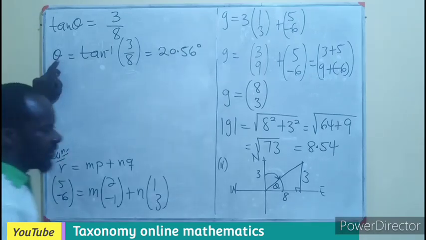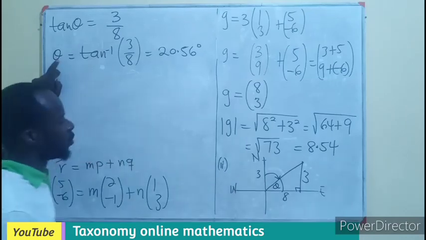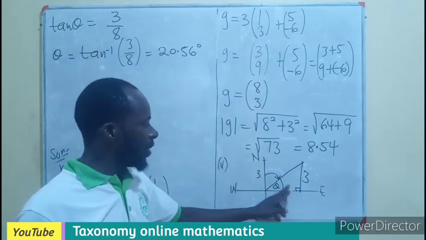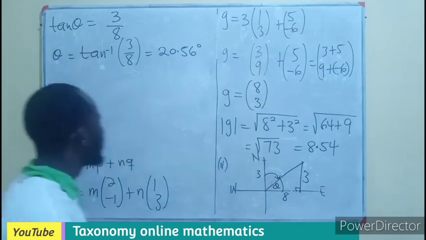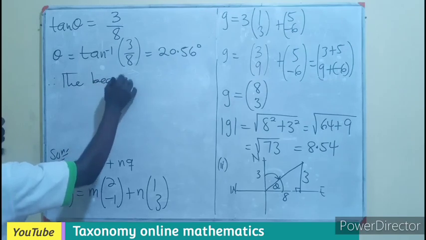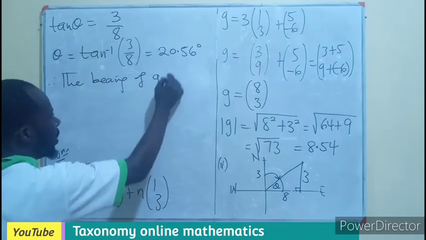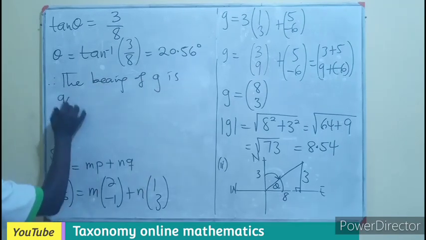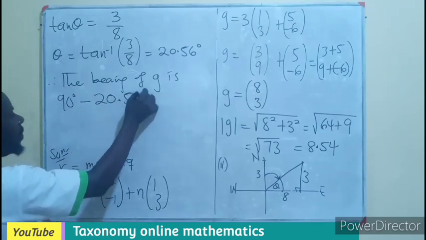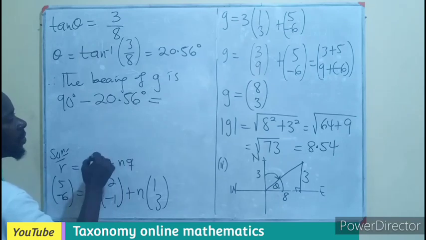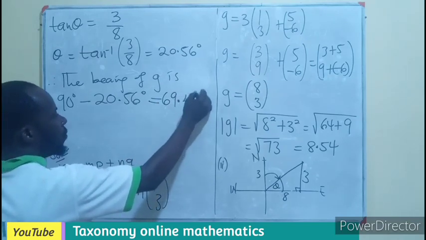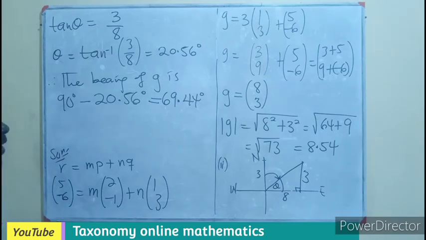So the angle theta here is going to be 20.56. This plus this will give us 90. Therefore, the bearing of g is going to be 90 degrees minus 20.56 degrees. And that will give us 69.44 degrees to 2 decimal places.